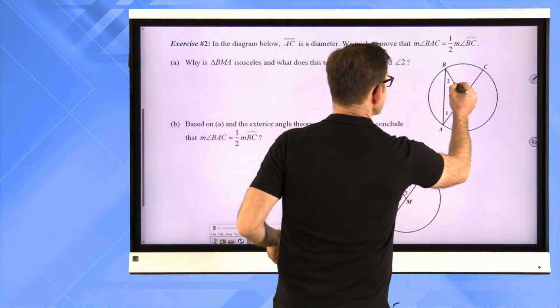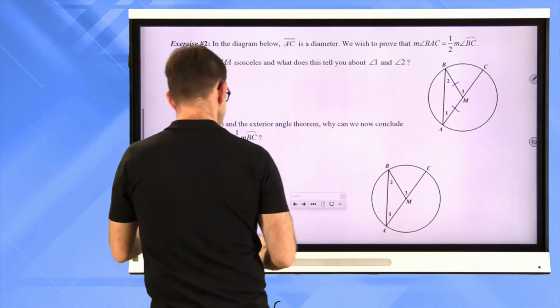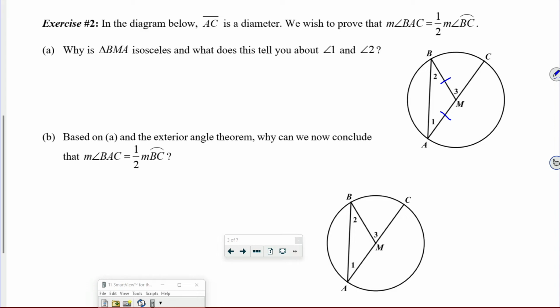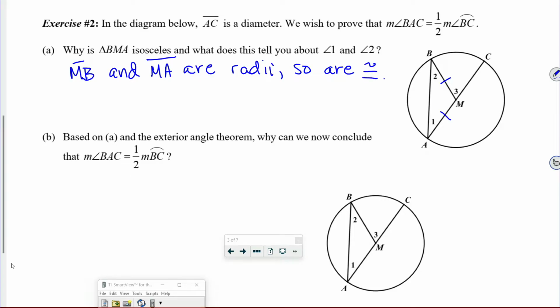So these two are both radii, so they've got to be the same length. MB and MA are radii, so are congruent. All right, great.